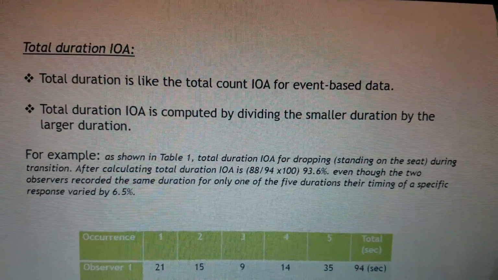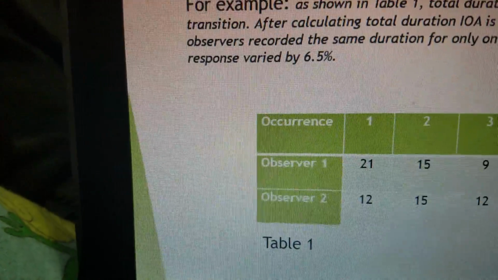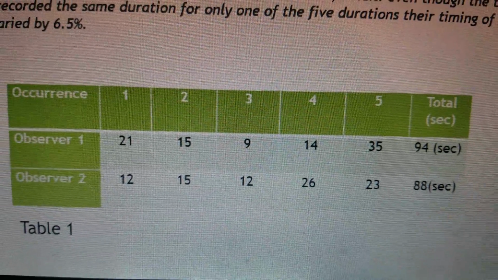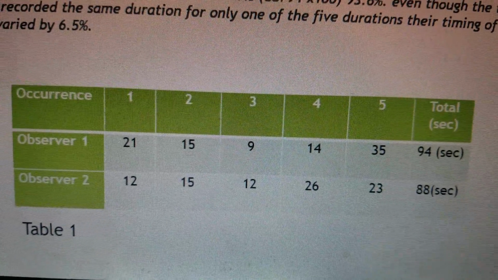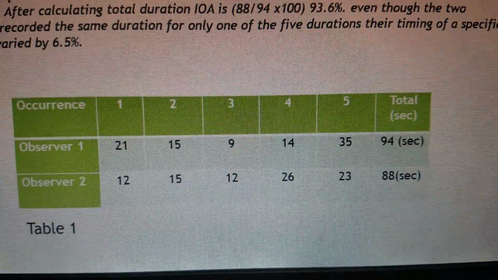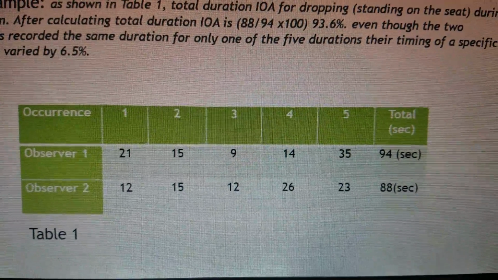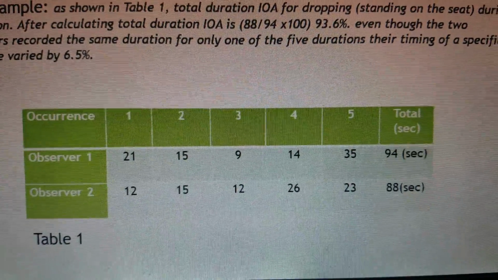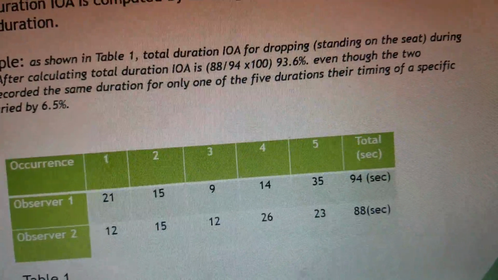So this table, the data in here represents total duration IOA for a student who was dropping during transitions. Basically, to go from one place to a location, the student had issues.